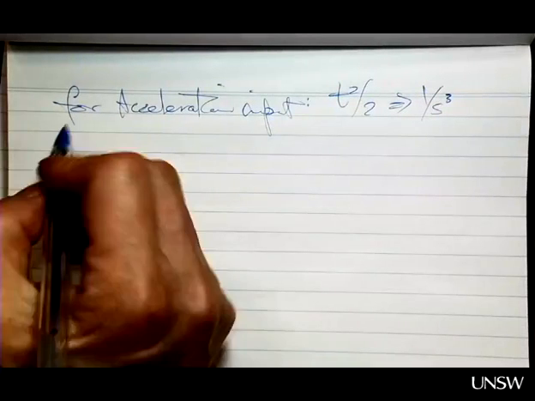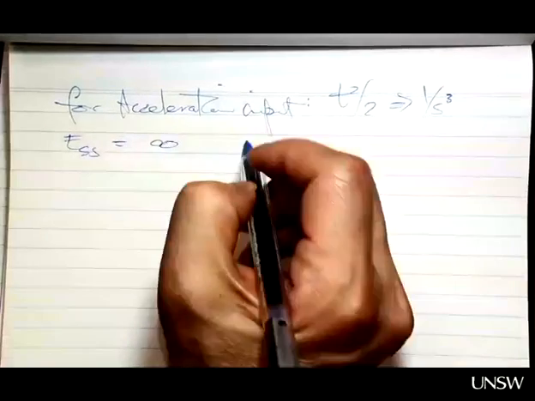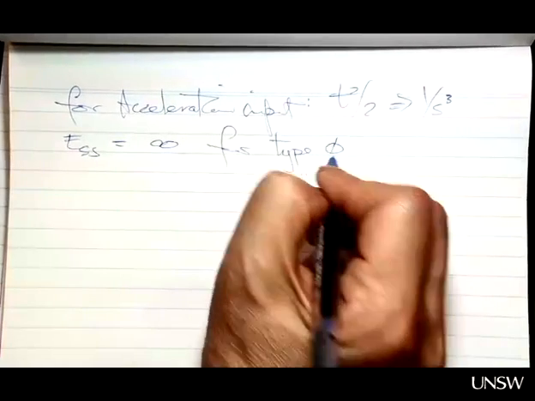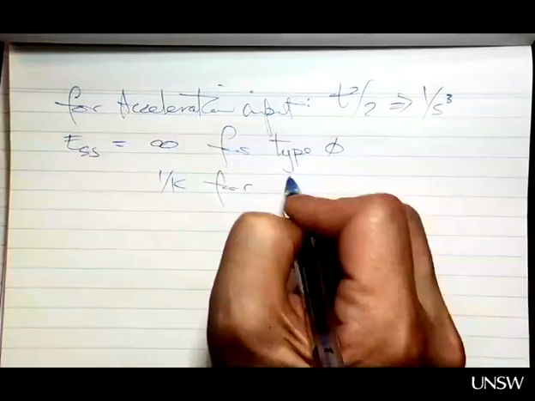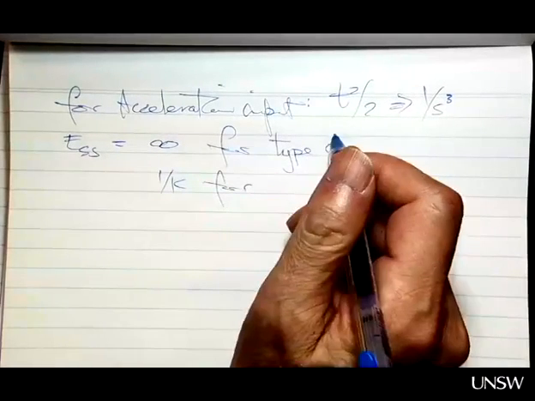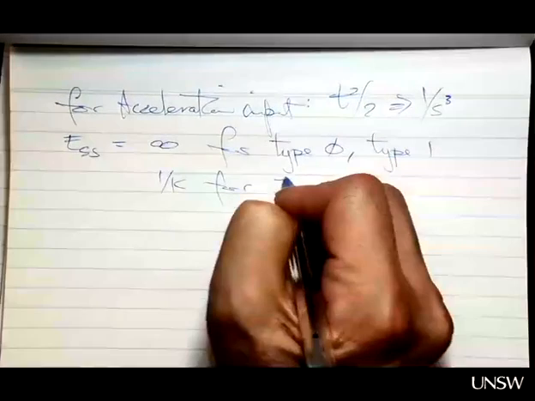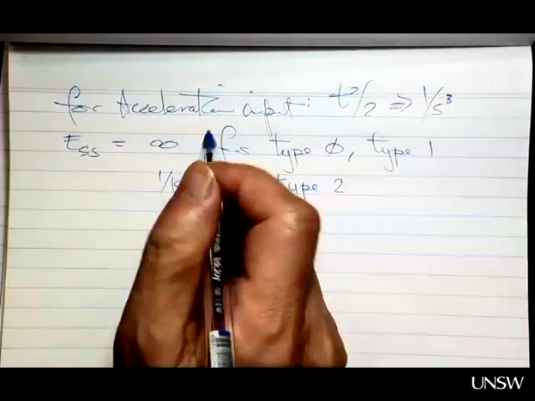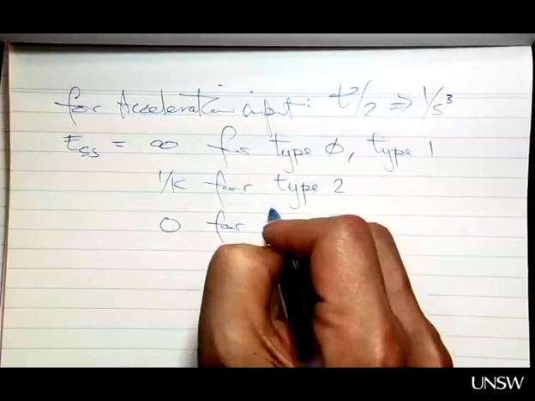The steady state error is infinity for type 0, infinity for type 1, 1 over K for type 2, and 0 for higher types.